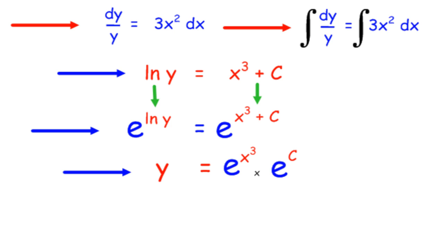If we now replace the e to the c, which is just a constant, by a, we get the general solution is that y is equal to e to the x cubed times a, or a e to the x cubed.